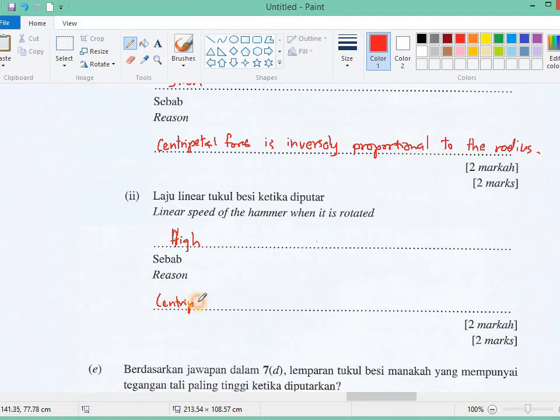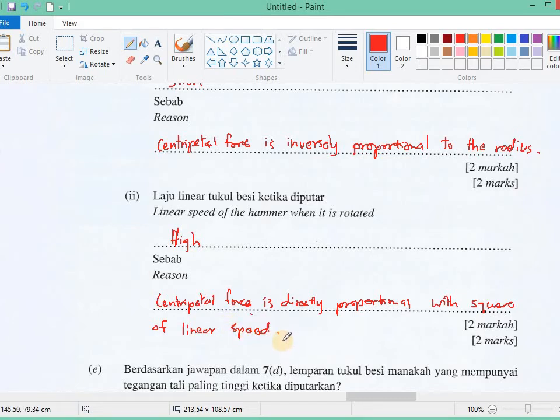Centripetal force is directly proportional with square of linear speed.